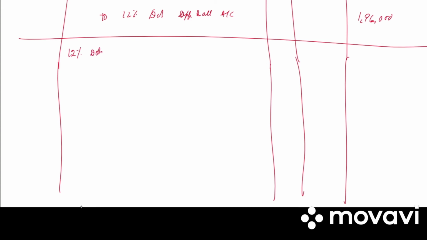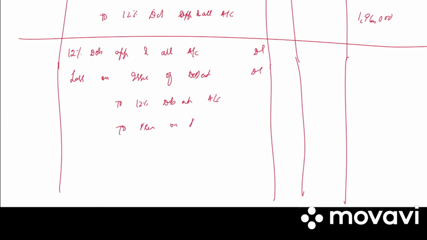Next we have 12% debenture application and allotment account debited, loss on issue of debenture debited to 12% debenture account, to premium on redemption account. So how much is the premium? 5%.